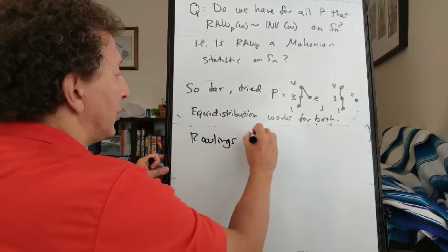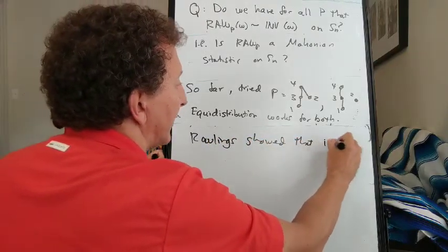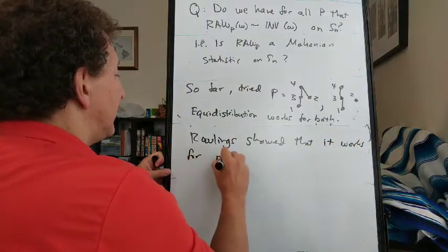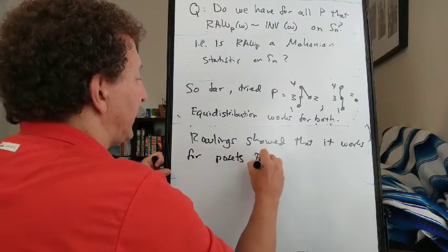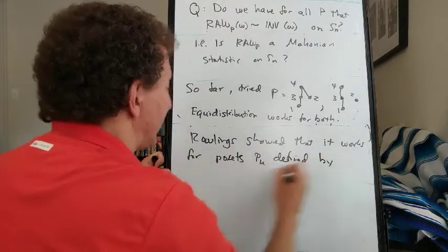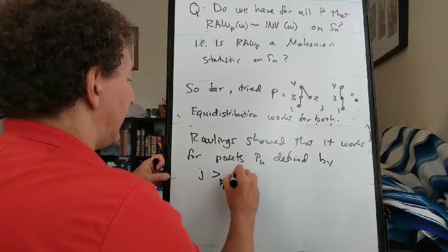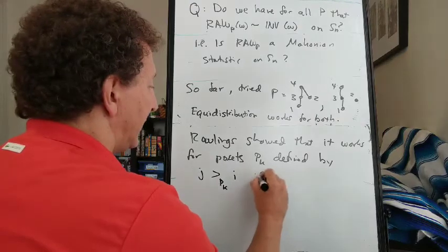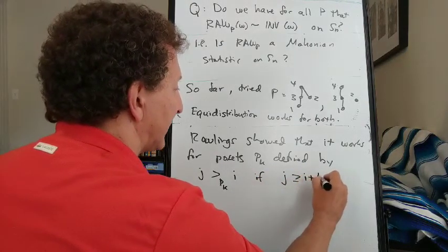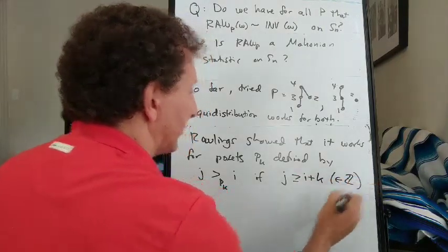Now Rawlings showed that the equidistribution works for posets pk defined by j is greater than i in pk if j is greater than or equal to i plus k as integers.